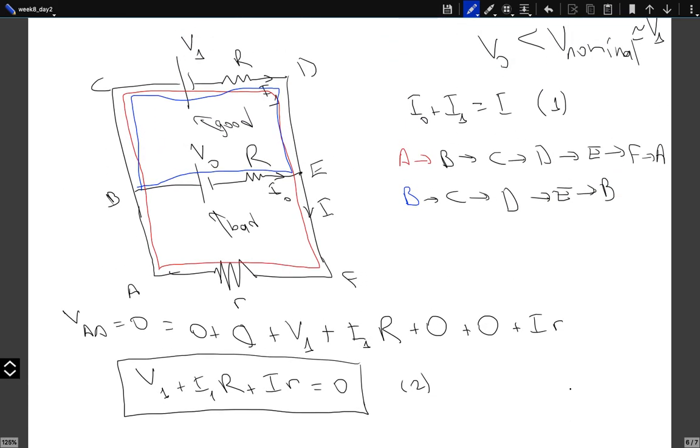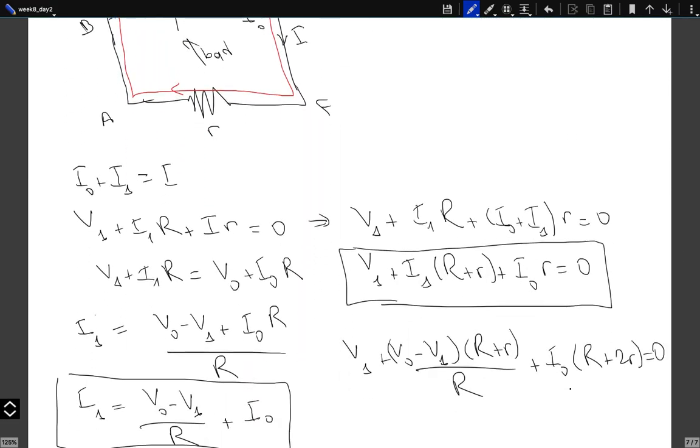So let's see if we wrote this equation correct. The red one, we started with V1, I1R, then capital I times small r. This should be equal to 0. The equations are correct. Let's see about our solutions. That is fine.